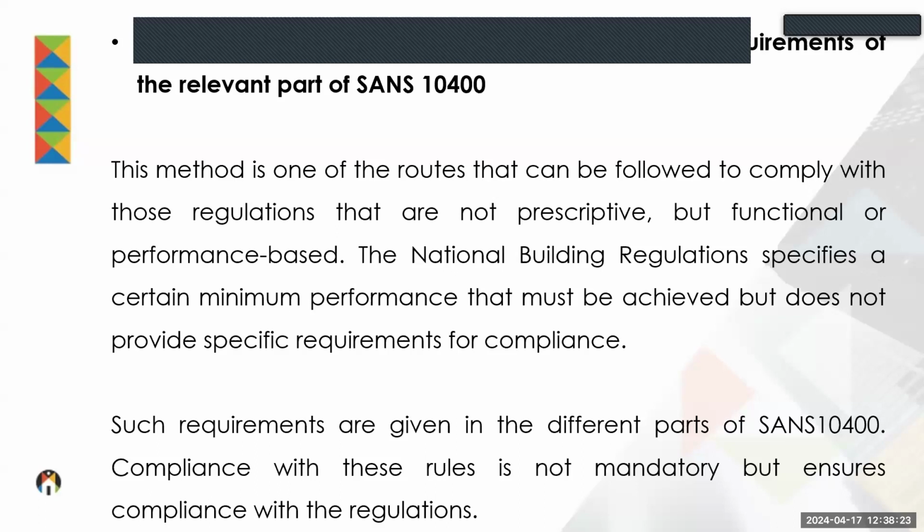And that must be based on standards that are already in place, can be national or international standards, etc. So compliance with SANS 10,400 deemed to satisfy requirements is not mandatory. It is a way that I can use to satisfy the building regulations.